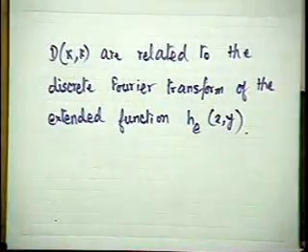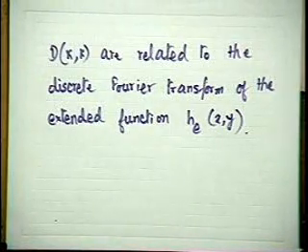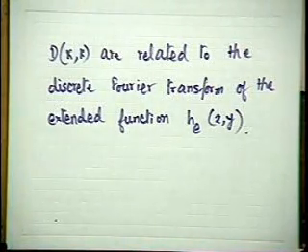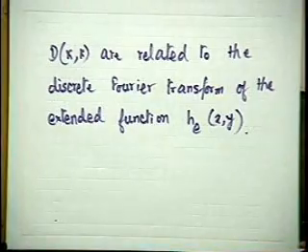Now we know how to diagonalize the H matrix. As I was telling you, the property of this H matrix is going to be very important for us in order to have a proper image restoration.